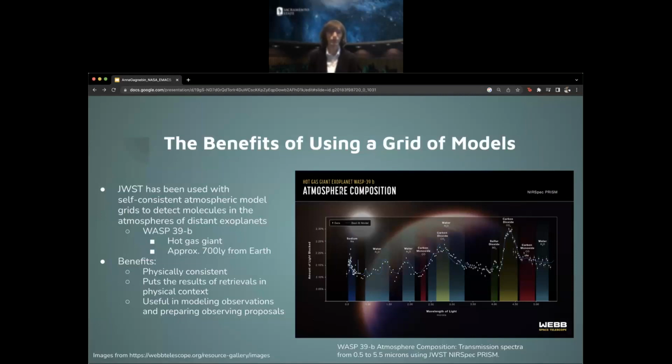They also put retrievals in physical context, because retrievals would just give you the abundances and the presence of molecules, but these grids actually give you physical context as well. They're also useful in modeling observations and preparing observing proposals, so if we want to know whether or not a candidate is of interest, you'd be able to model it beforehand.